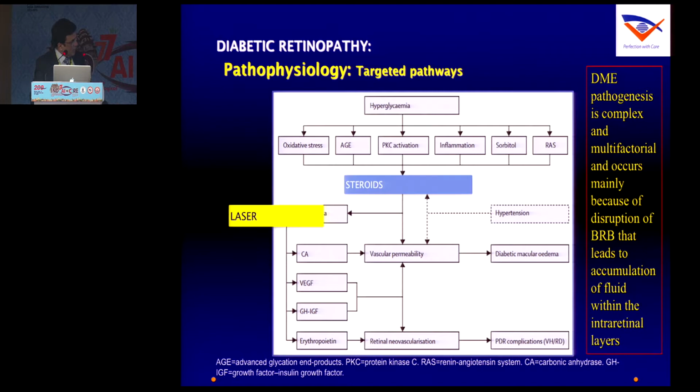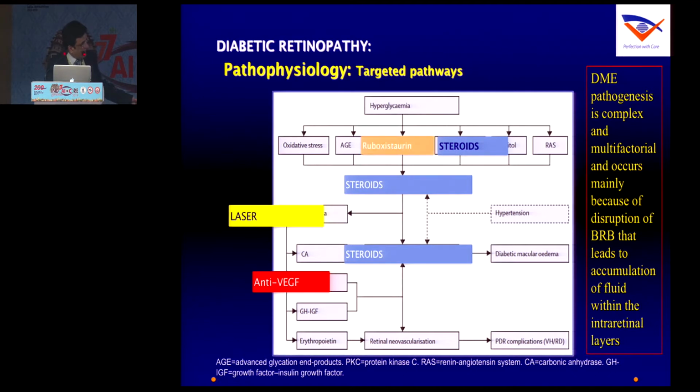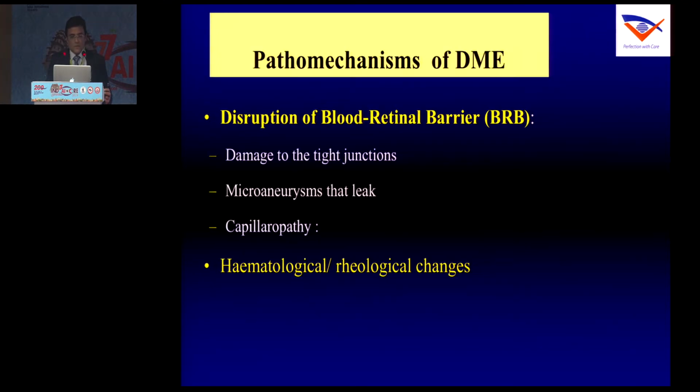Then you give steroids which act to reduce the permeability of the vessels, and we have anti-VEGFs which take care of the increased VEGF, and then we have other factors for which newer drugs have come but are not yet so much used clinically. They are still experimental. So there is a disruption of the blood-retinal barrier.